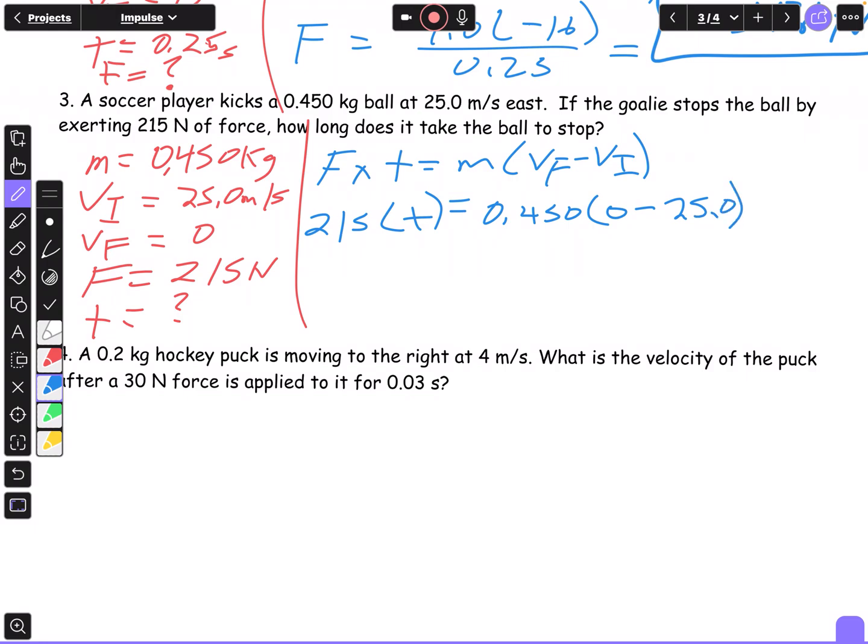Now to solve for time, I'm going to have to divide both sides by 250. So my time is going to end up being 0.450 times 0 minus 25.0 over 250.